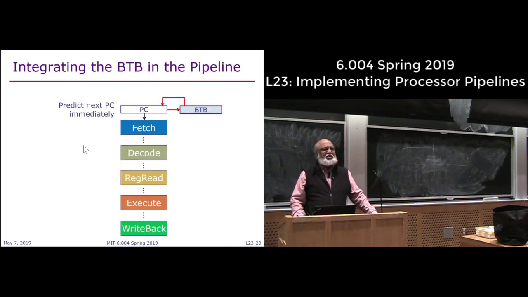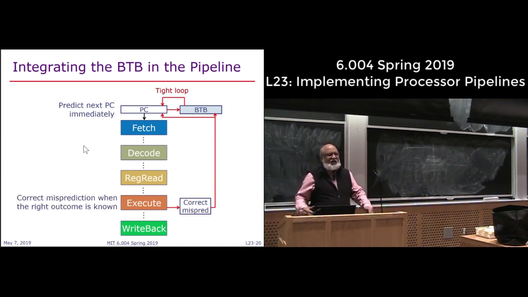This is just showing you that this BTB structure is in a very tight loop, right? You read something, consult the BTB, and you immediately say, this is the next PC that should go in there. So this is the tight loop. Timing is crucial here. But at the execute stage, I go and find the correct prediction. I can do it at my leisure.